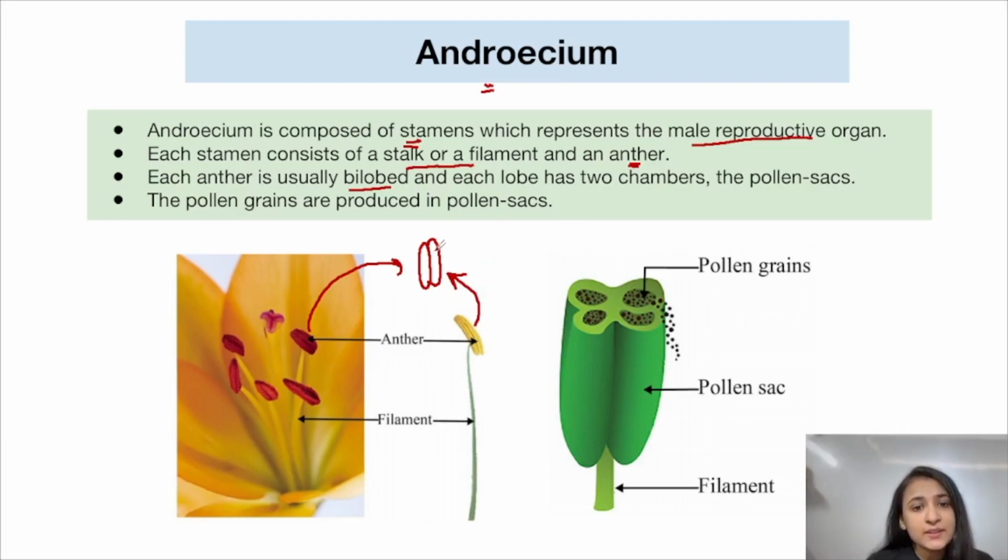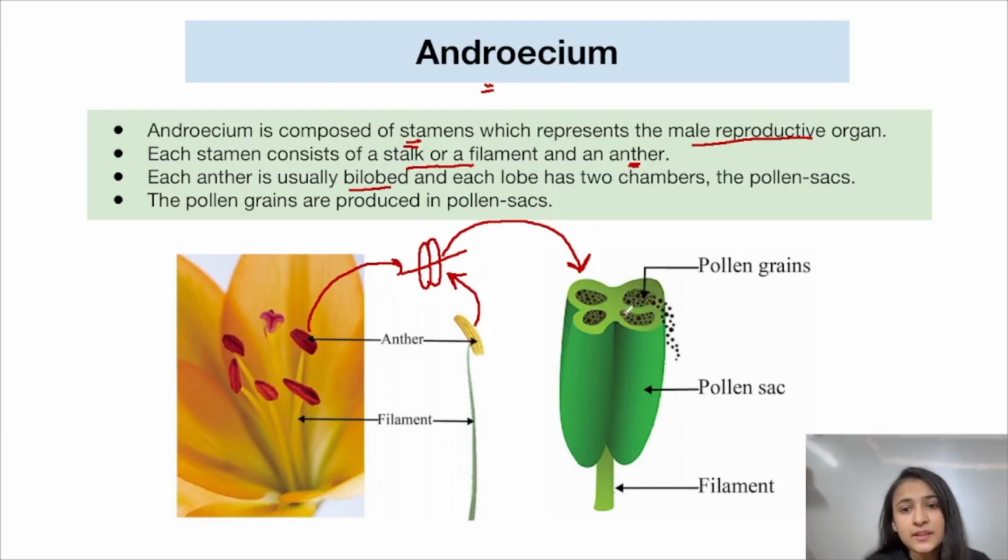Each of these lobes, this oval lobe, if I zoom in and cut a transverse section of this anther, I will find that each of the lobes has two chambers, which are also known as the pollen sacs. If I cut a transverse section of this bilobed anther, I would obtain a structure like this. This is one lobe, this is the second lobe, and each lobe comprises two pollen sacs.